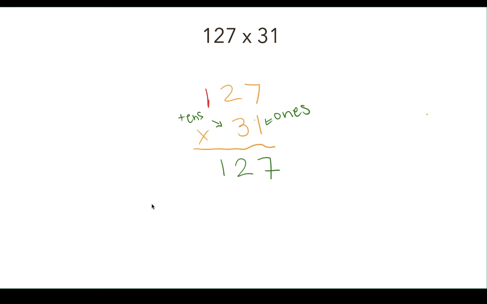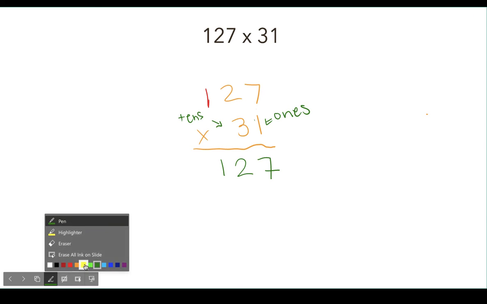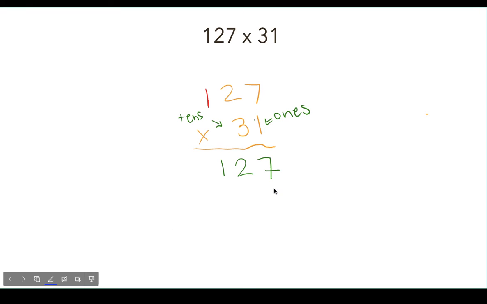And now we're moving on to the tens place, so let me switch out my color. So let's add a 0 since we're solving for the tens. 7 times 3 is 21. 2 times 3 is 6, plus 2 is 8. And 1 times 3 is 3.